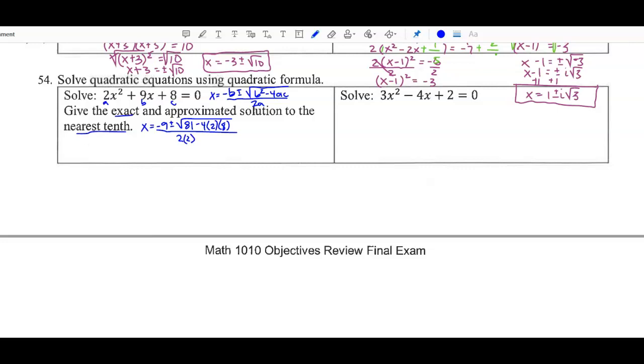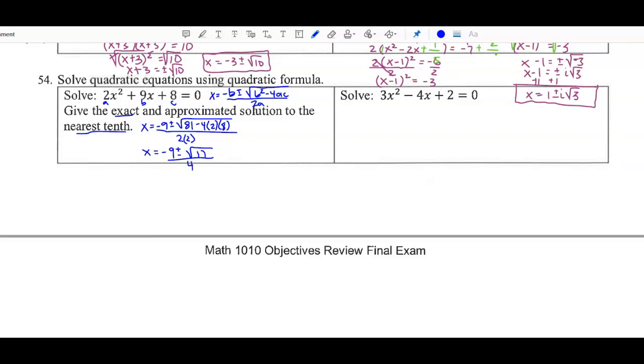Okay? And then let's do some simplifying here. So let's see, what do we get inside there? We've got 16 times 4, which is 64, and so 81 minus 64 gives us 17, and then all over 4.